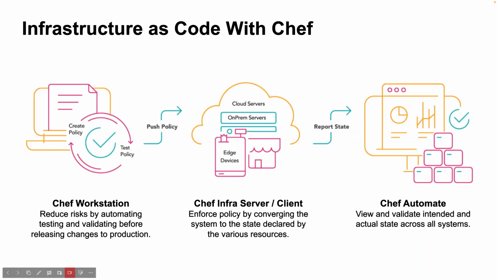And to go a little further about how infrastructure as code is facilitated within Chef, right? Predictability is something that is coded deep into how Chef operates. And this is made possible because configurations are maintained as policies.